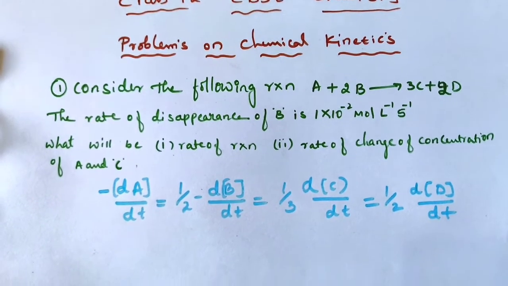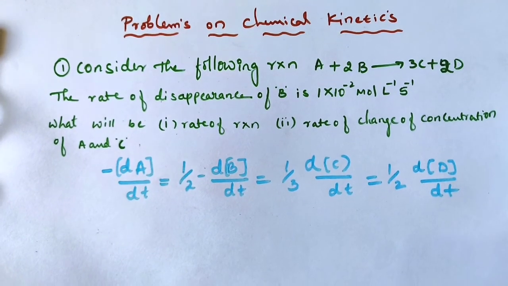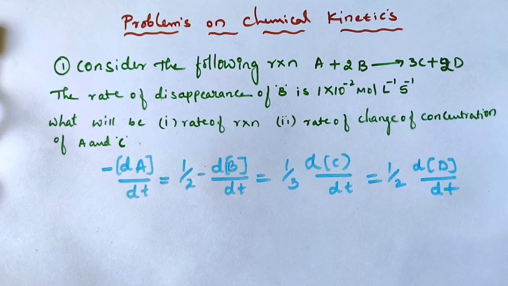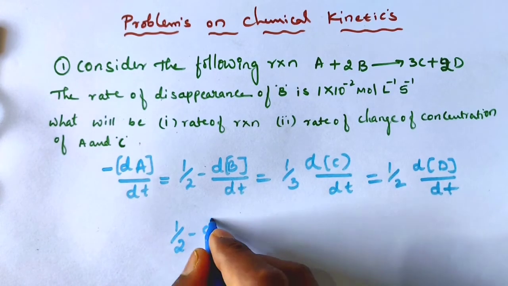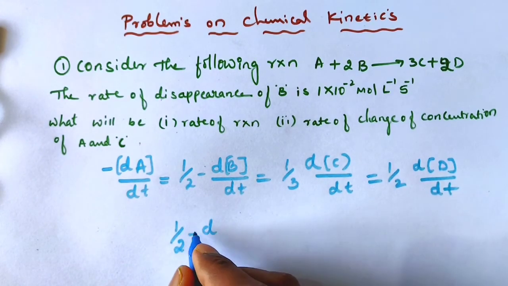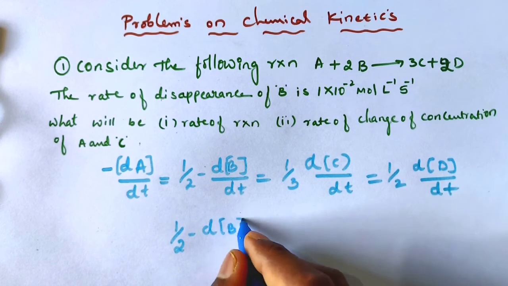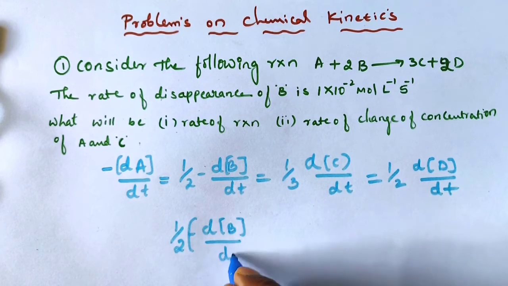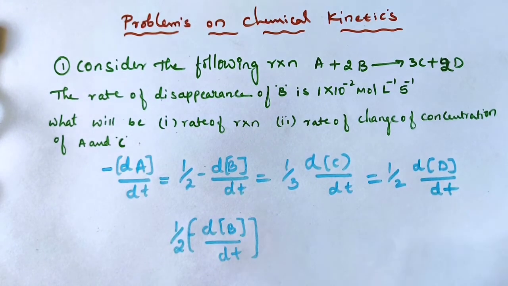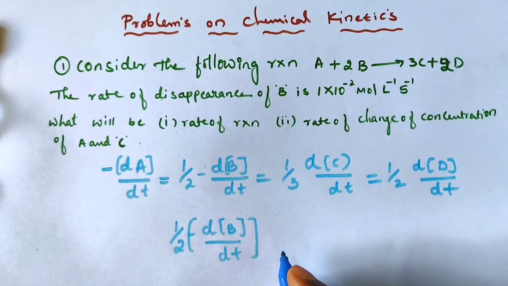So when we are going to find the rate of the reaction of disappearance of B, we need to take half into minus d[B] upon dt. Okay, this is there. So the rate of disappearance of B they have given, that is equal to what you are going to write.